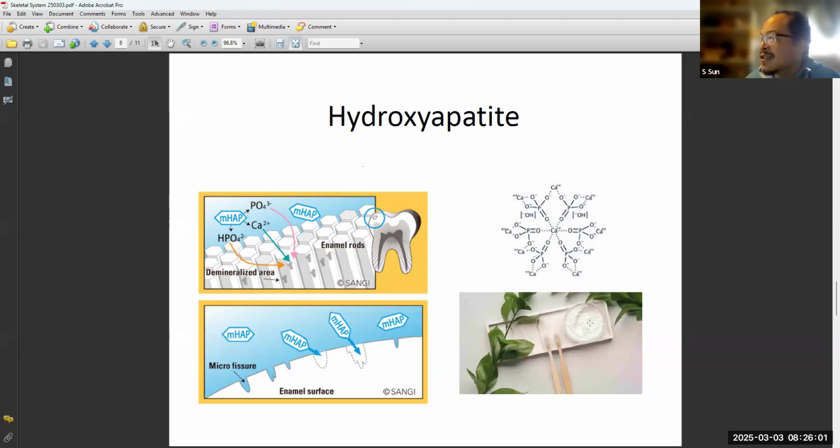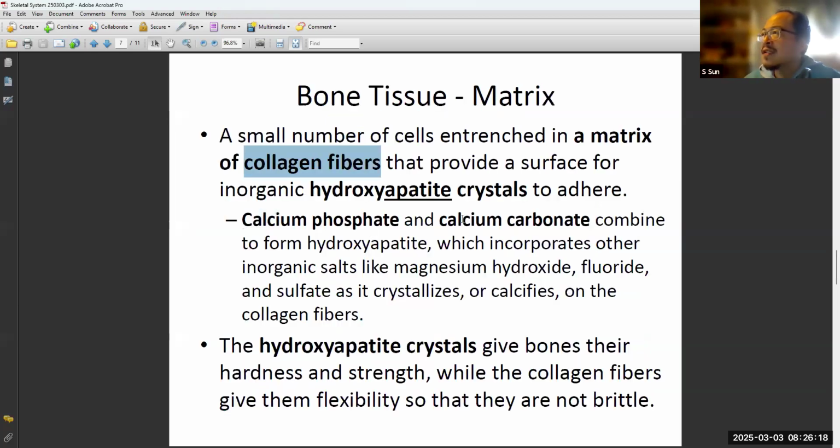It's a powder-like structure, and it provides the support in the bone matrix. So it includes the calcium, the phosphate, the carbonate, and all these are combined.